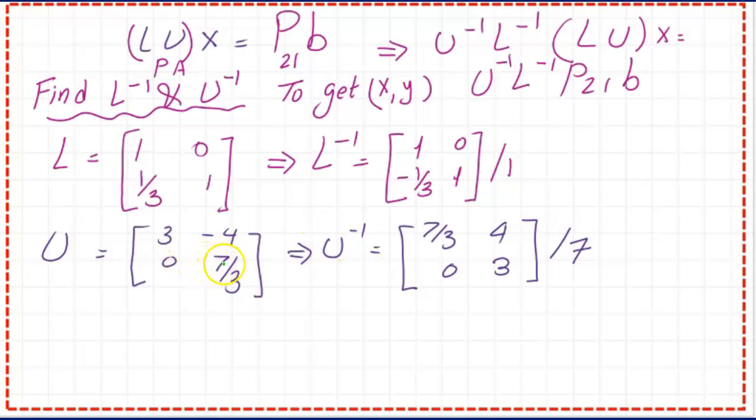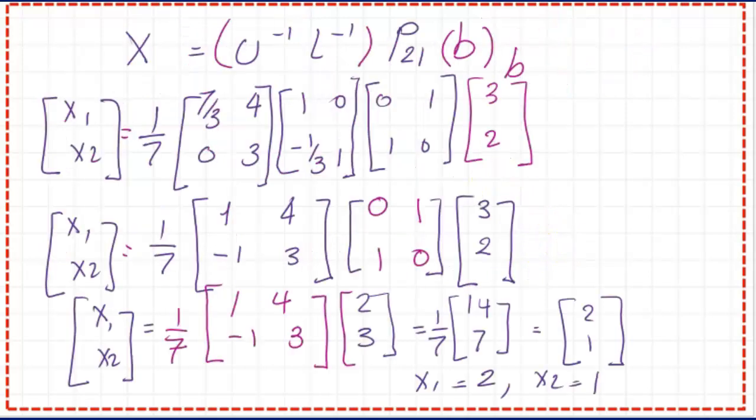While we make the swap, this element will come here, 7 over 3, and the 3 will come down, and we change the sign of 4 and 0. So the U minus 1 elements are 7 over 3, 4, 0, and 3, all divided by 7. In the next slide, we are going to find the final values for x1 and x2.